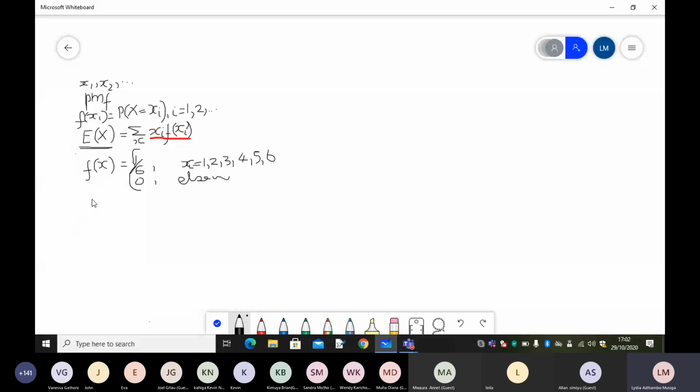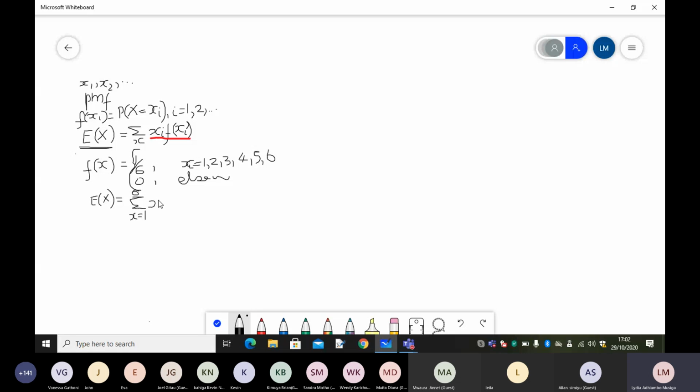So to get the expected gain, we shall sum over x_i, where x will start from 1 and go all the way up to 6.